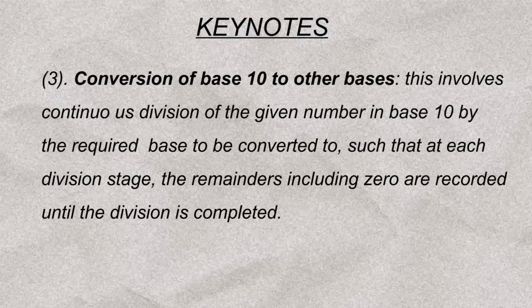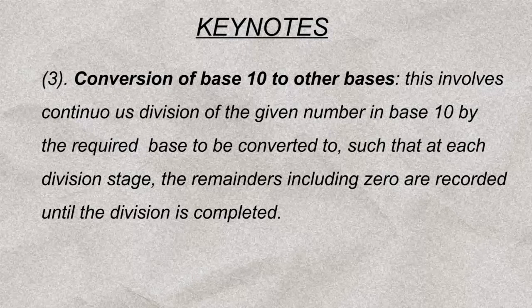Now, keynote 3. When converting from base 10 to other bases, it involves continuous division of the given number in base 10 by the required base to be converted to.